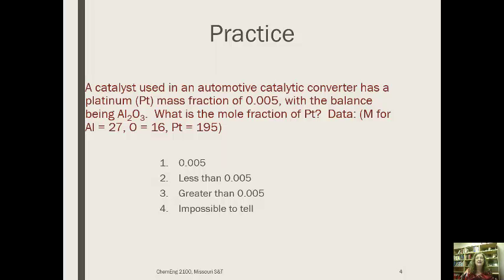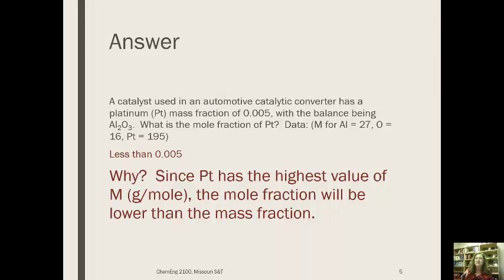Platinum has the highest value of the molecular mass. How is that affecting the mole fraction? It's going to turn out that it's going to make the mole fraction less than the mass fraction because of this higher value of M. So why? Let's look at an example and see why this would be.